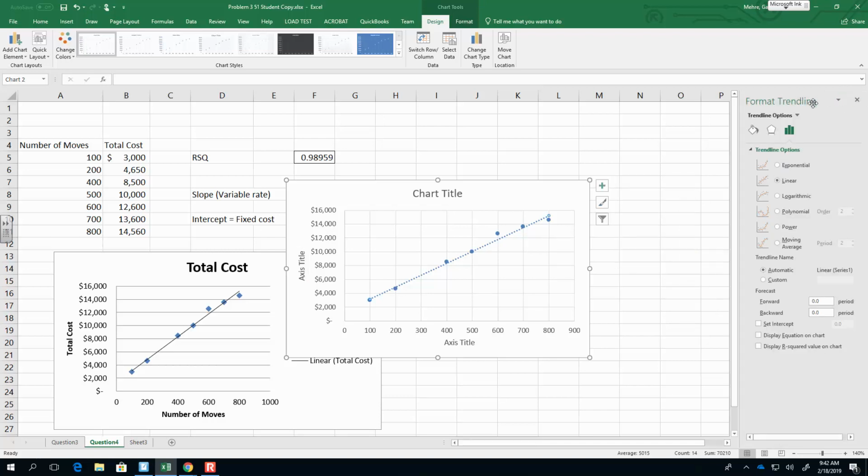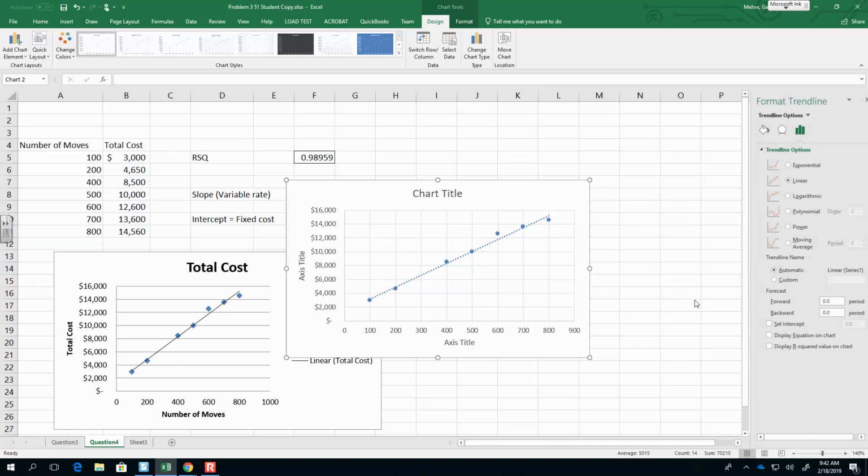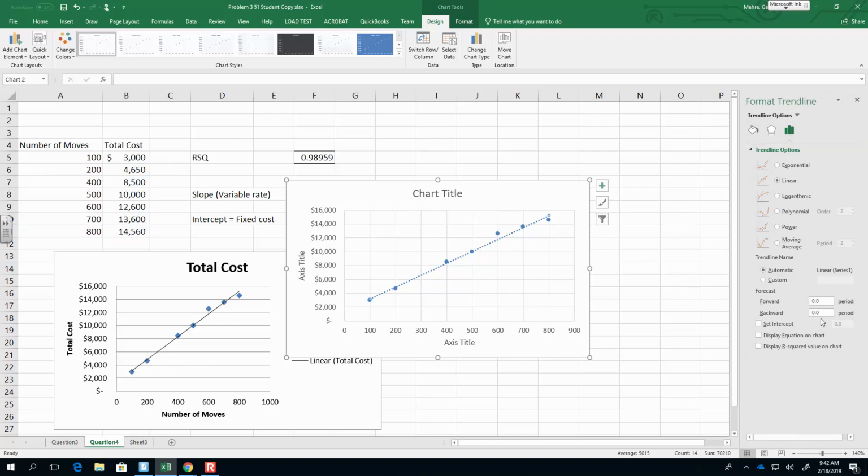You have to click on the chart itself. Plus, trend line, more options. You can go backward 100, and that'll get the trend line out to the 0 point.